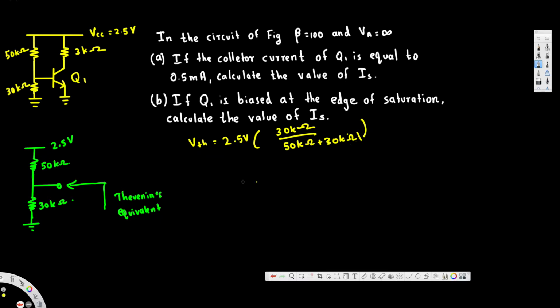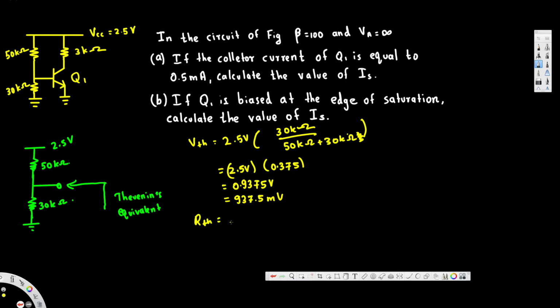If you calculate this one, you will get 2.5 volts multiplied by 0.375, and that gives us 0.9375 volts, and that is equivalent to 937.5 millivolts.